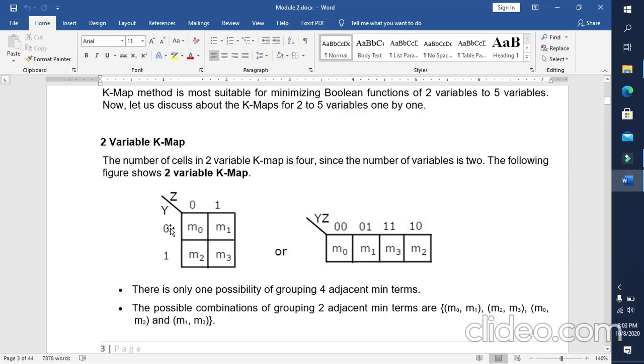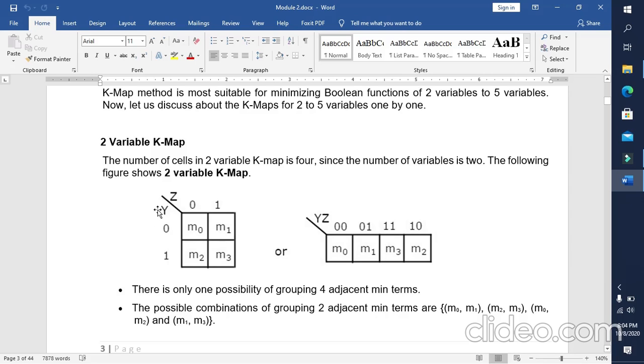For example, y is 0 and z is 0, so you have 0, 0, which is equal to m sub 0. Meaning the value of that cell is 0. Now, y is 0 and z is 1, so you have 0, 1, which is 1. That's why you have m1 here, meaning the value in this cell is 1.